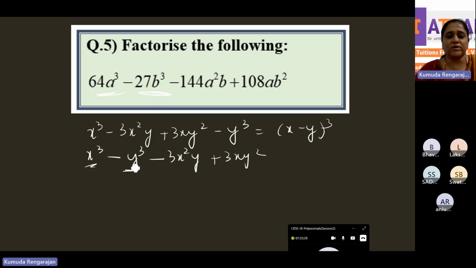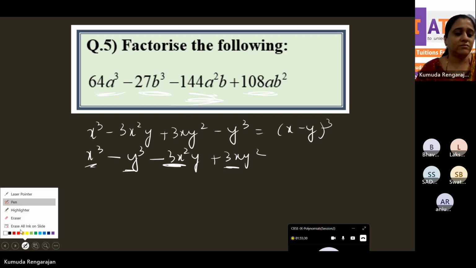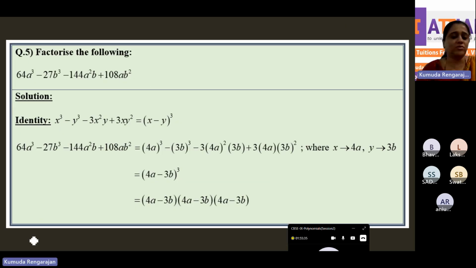So I just wrote x cube minus y cube and then another negative term and then the positive term: minus 3x square y and then plus 3xy square. So x cube minus y cube minus 3x square y plus 3xy square is x minus y the whole cube.